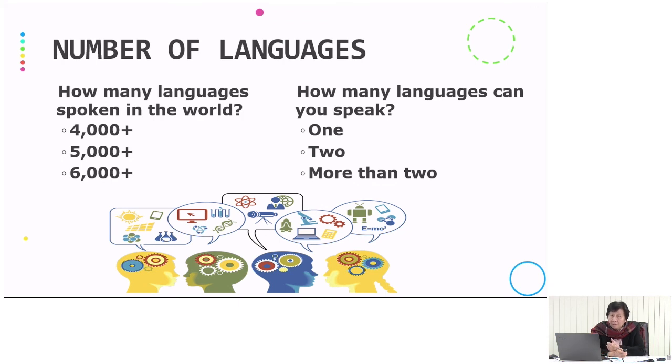One is Thai, one is English, because that is what you call the lingua franca, the international language of the world, right? And the third one, you have to learn one other language that you are interested in. It can be one of the ASEAN Plus languages, or more than one, if you like.